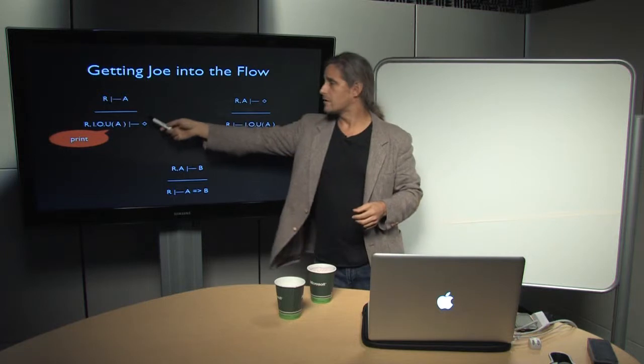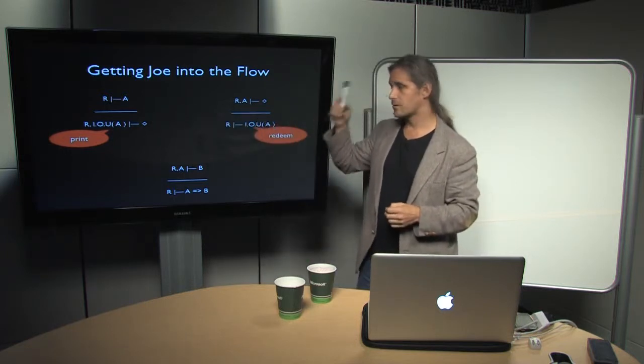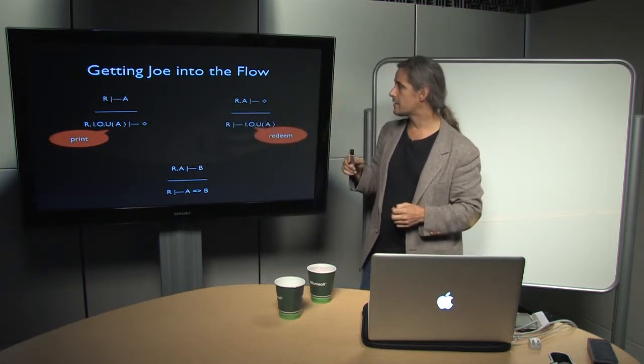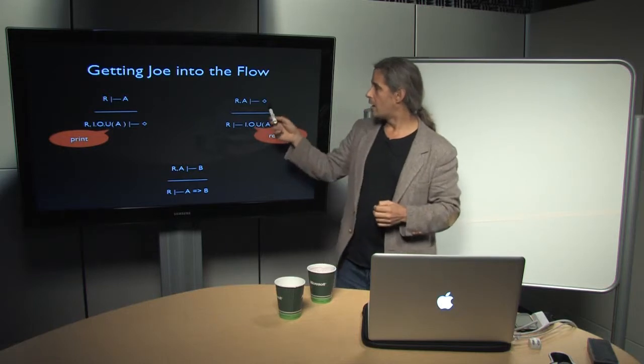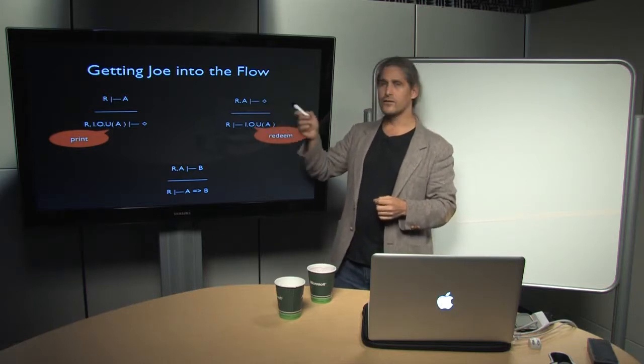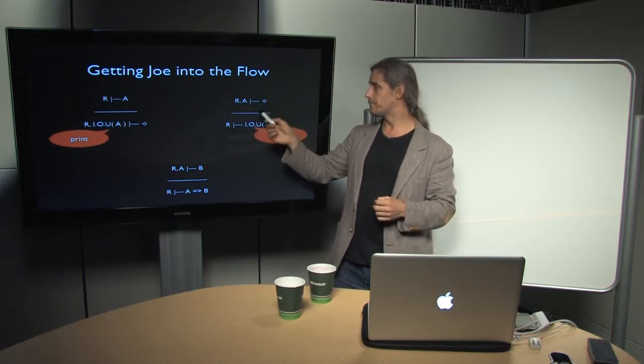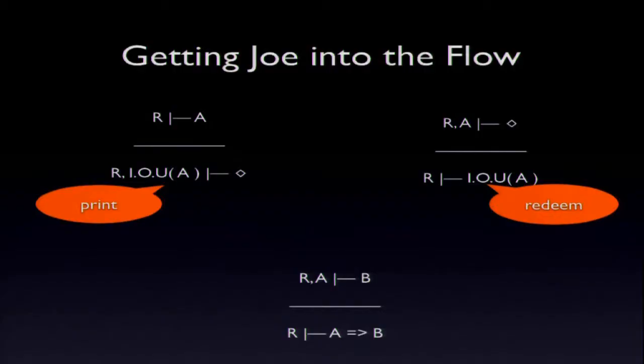Now the dual to that idea, this is what regular Joe has in his head, is under the situation where I have no demands on the system and I've got resources R together with A, then I can move the A on the other side of the turnstile, and I know that if I give the IOU, it's something I can redeem. Or something that the system can redeem.